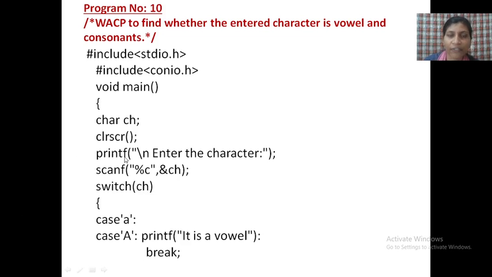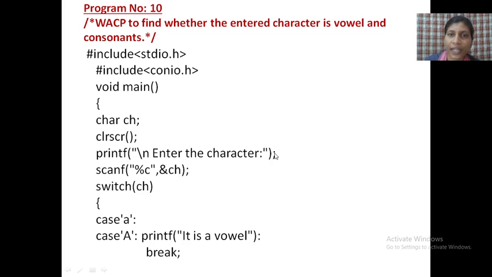This is a printf statement. Whatever message you want to print on the monitor screen, write it in the printf statement: printf("\n. The \n means the cursor comes to the new line. Then "Enter the character": whichever character you want to enter on the keyboard, you can enter.